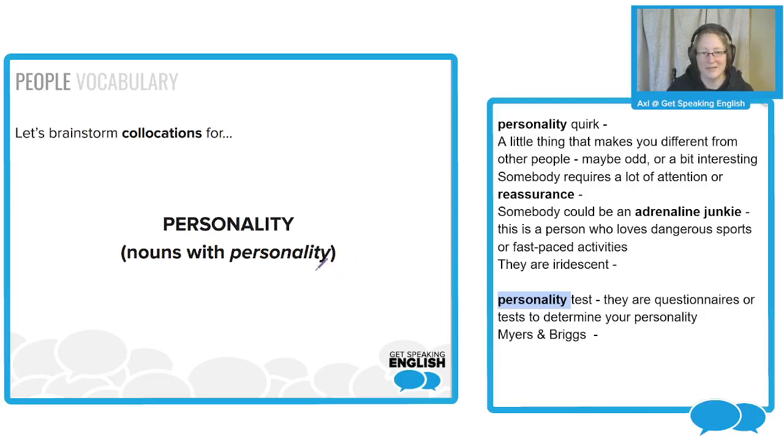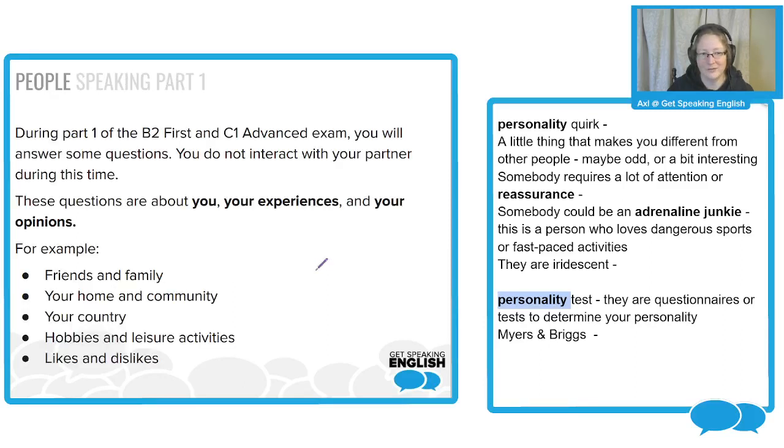All right. So, some great words here about personality. Let's get into some exam-style questions. Part one questions are always the warm-up questions. If you're unaware of how the B2 First and the C1 Advanced work, it's done with a partner. Typically one person, sometimes you have two partners, but usually there's at least one other person.